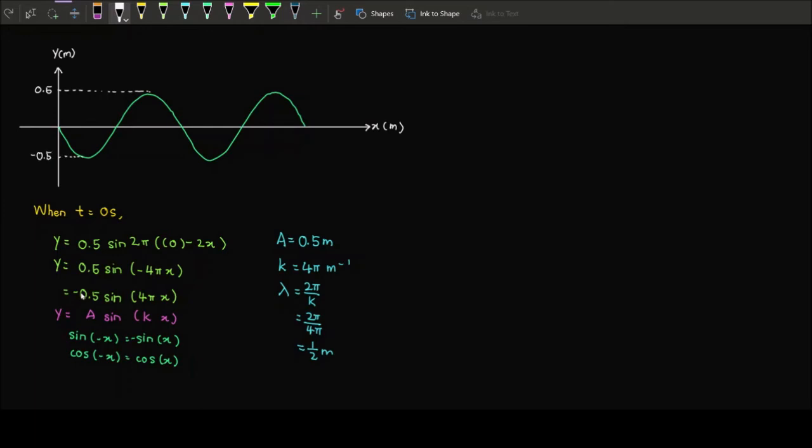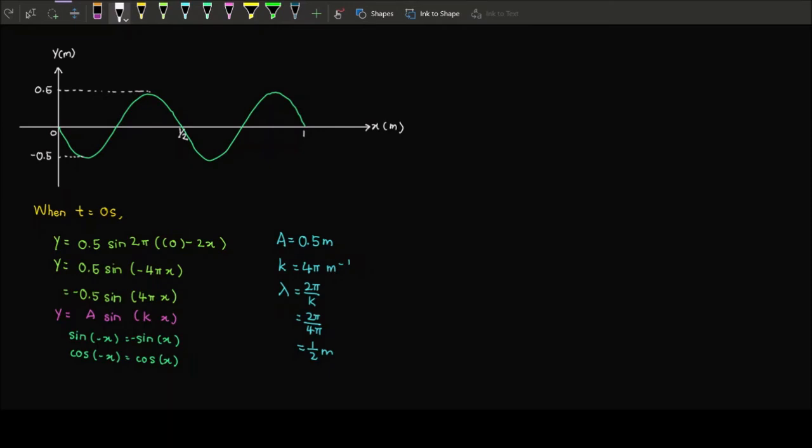Then for here, because it's a displacement-distance graph, one complete oscillation represents the wavelength, not the period. So you have to be careful of what you're labeling. The lambda is half meter, so you can put here as half. If here is half, then here should be 1. Well, I think that's it for your graph when t is equal to 0 seconds.